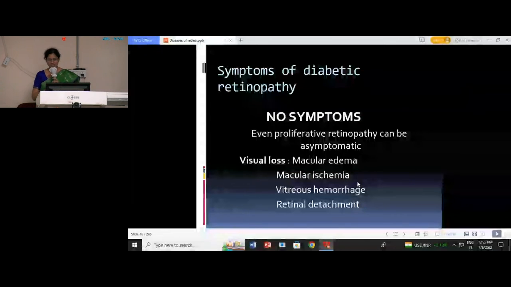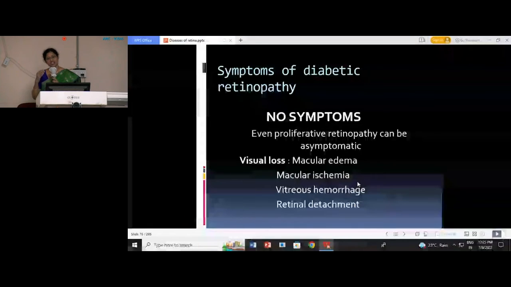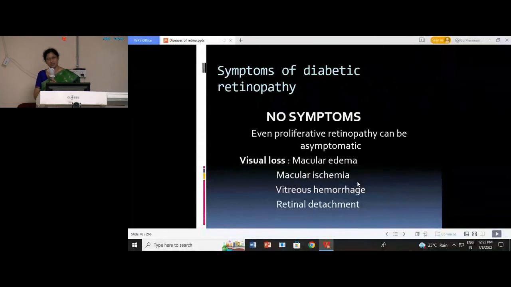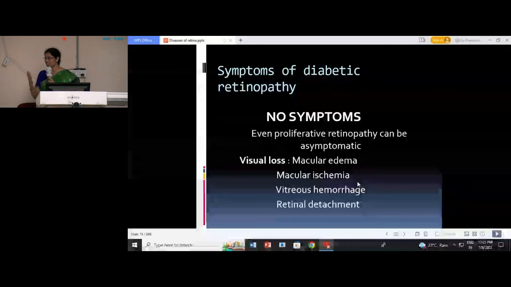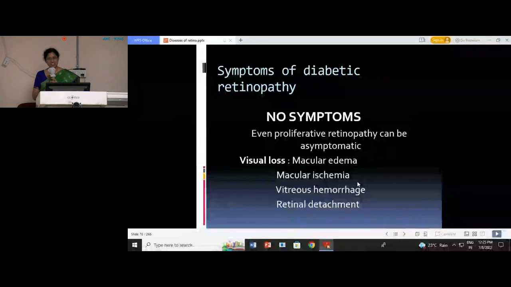So it's a very important point. That's why we should not ask the patient to wait till they get the symptoms. So even before the occurrence of ocular symptoms, we need to refer the patient to an ophthalmologist for dilated fundus examination.